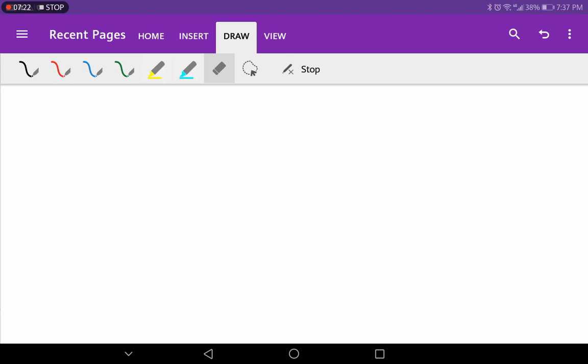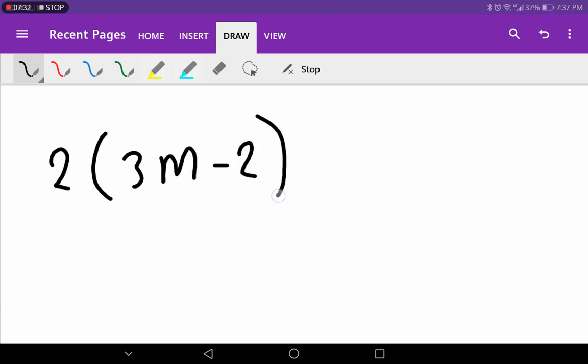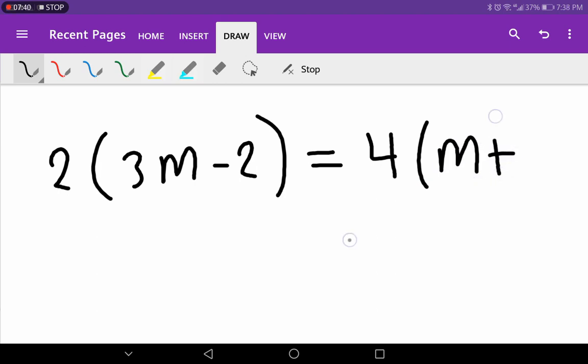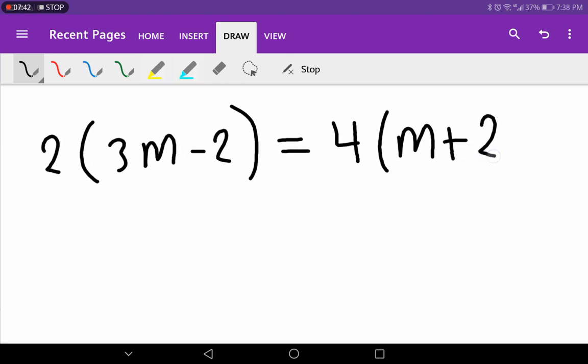Okay, now if I have a parentheses question, for example, 2 times (3m negative 2) equals 4m plus 2, like this one.